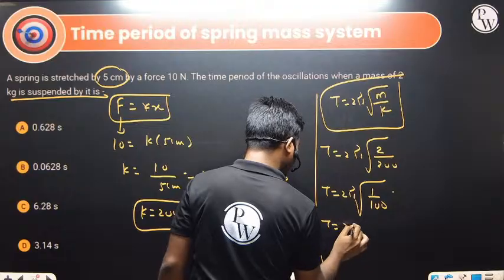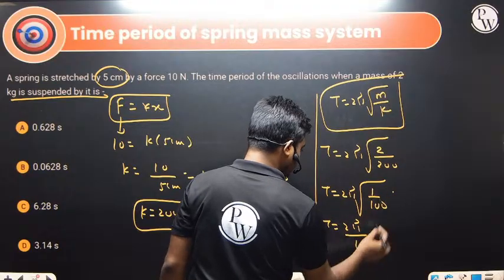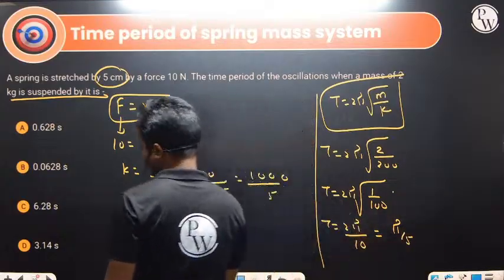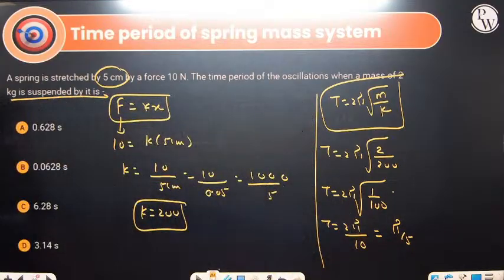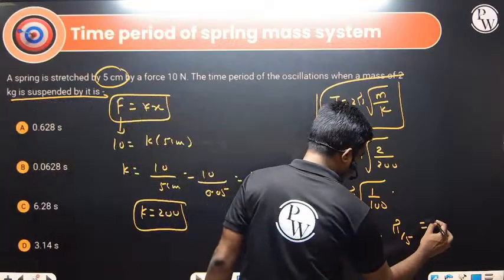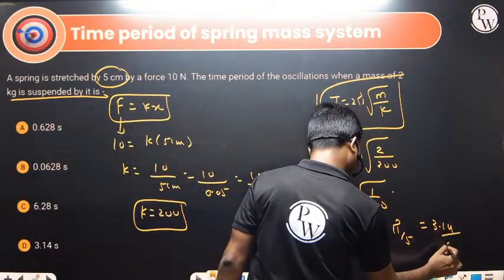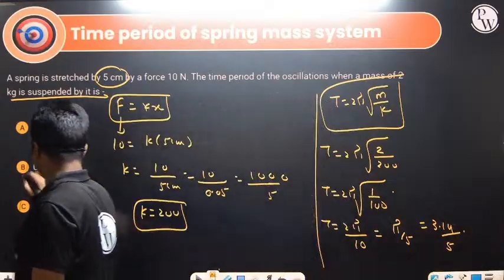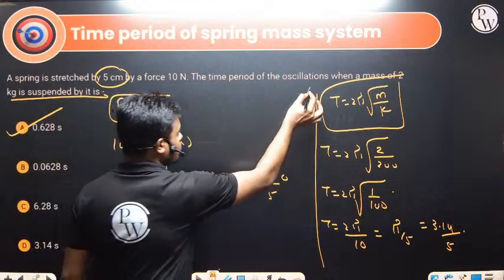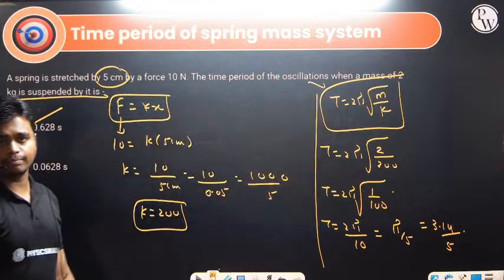So T is equal to 2 pi by 10, that is pi by 5. So 3.14 by 5 gives 0.628 seconds. That is the simple formula that we are using here: the time period is given by 2 pi under root m by k.